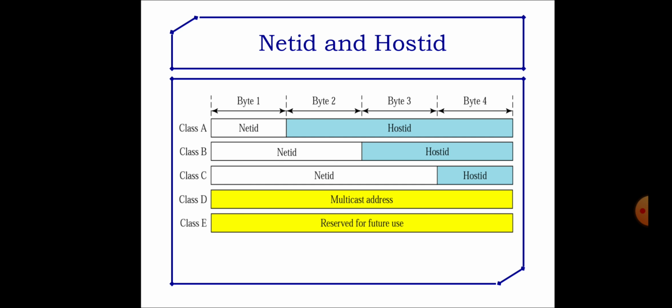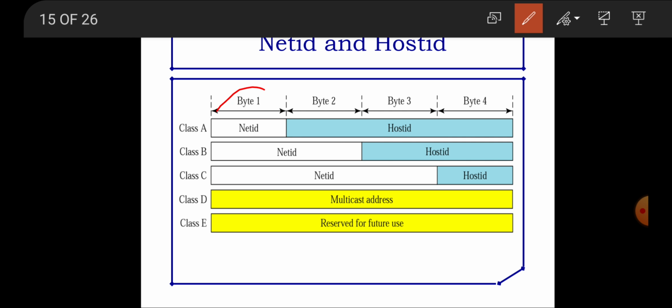This is nothing but the net ID. A net ID is for only one network. If you go to another network, your net ID will be changed. Suppose our college is one network, and I decide the net ID as 3, a decimal number.